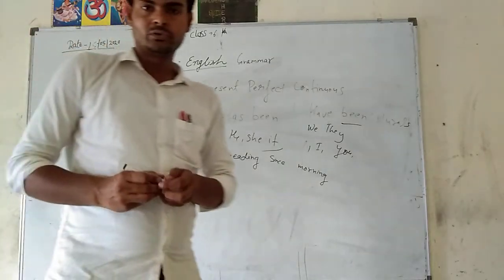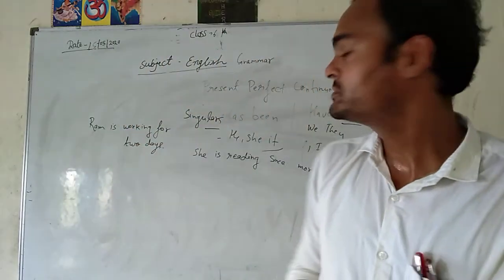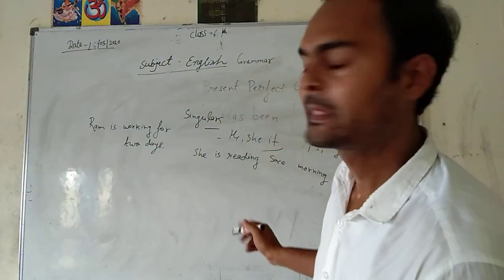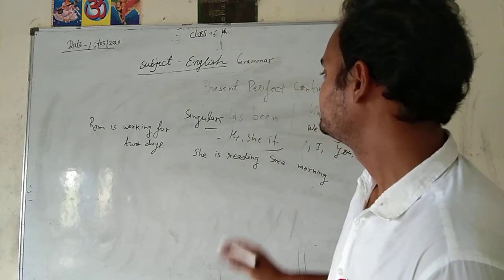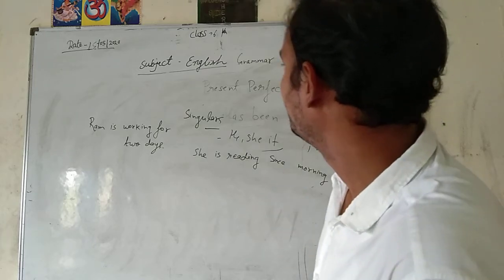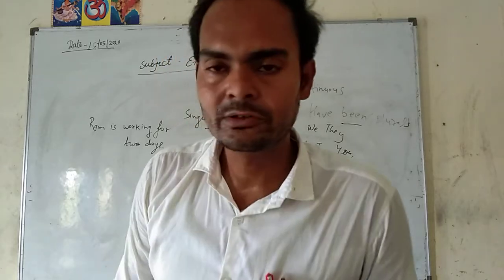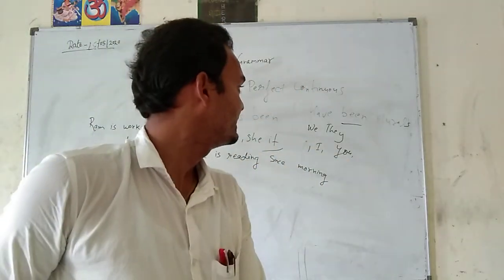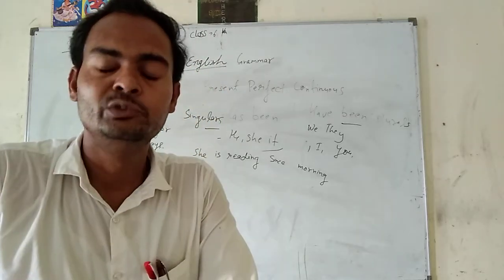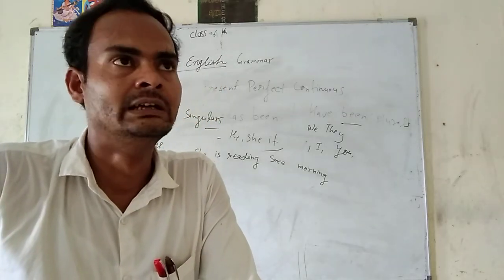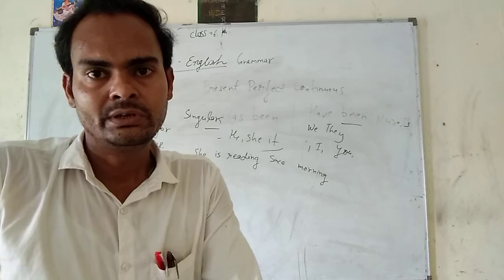So students, as I have told you, since is used with an absolute point of time and for is used with a period of time. So I have discussed all parts of the present tense and elaborated all helping verbs, their use, and their rules.